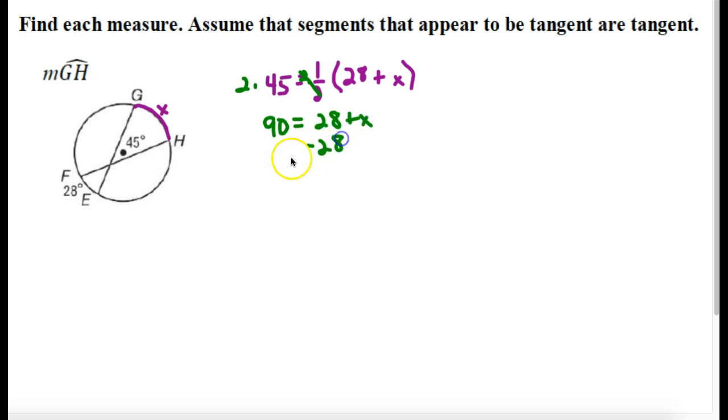Then subtract 28 from both sides, and we get that x is 62. On something like this, just make sure we're putting the pieces that we're given in the correct spot in our equation. This time we were given the interior angle, so that's equal to 1/2 the measures of the two intercepted arcs added together.